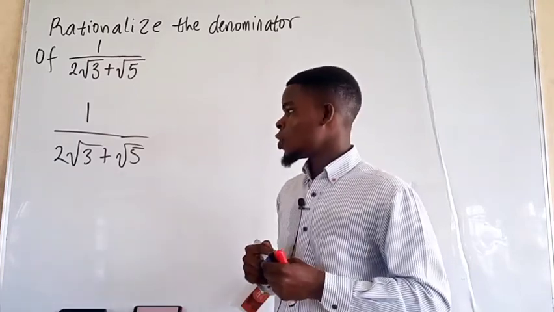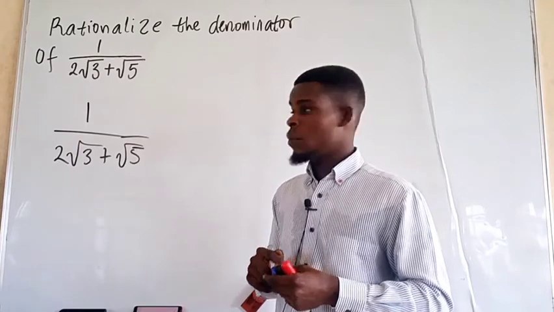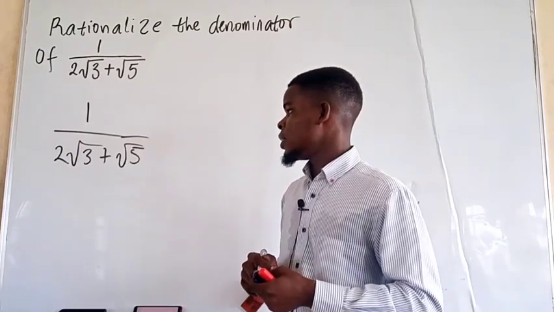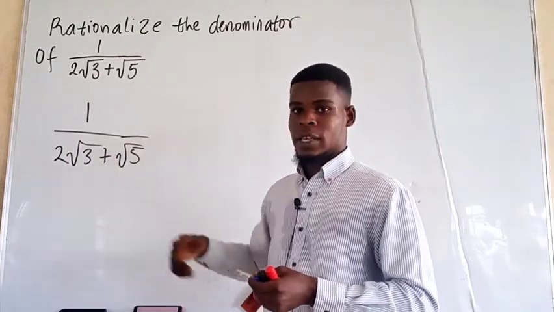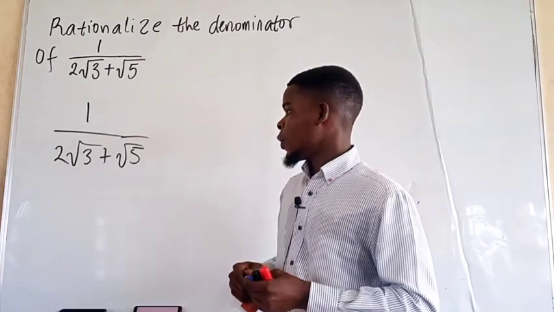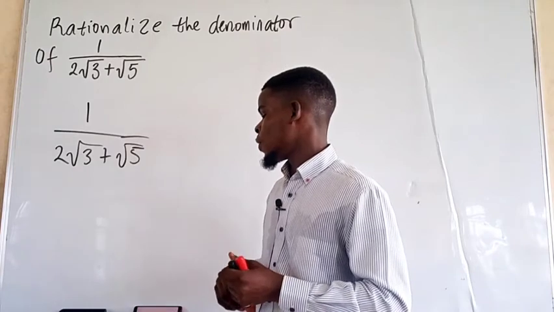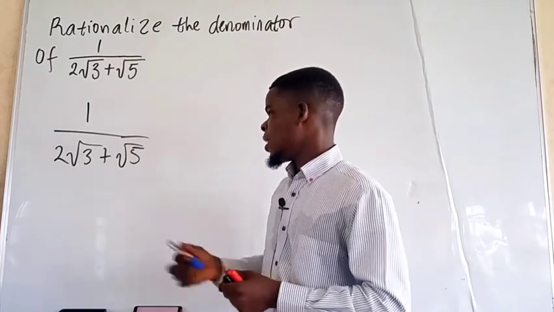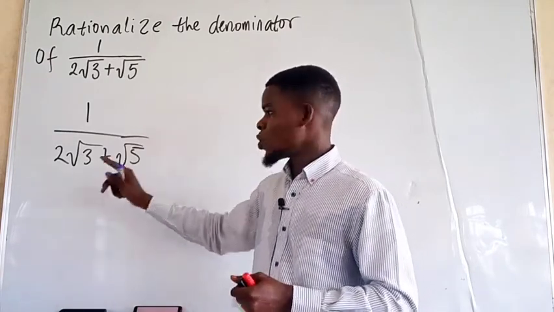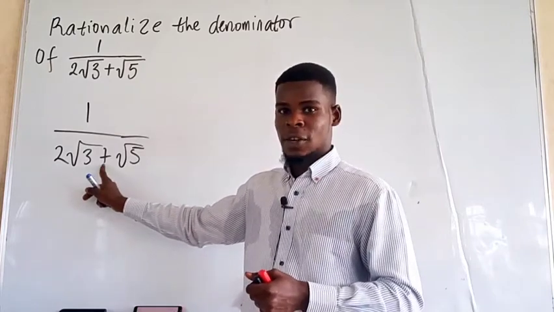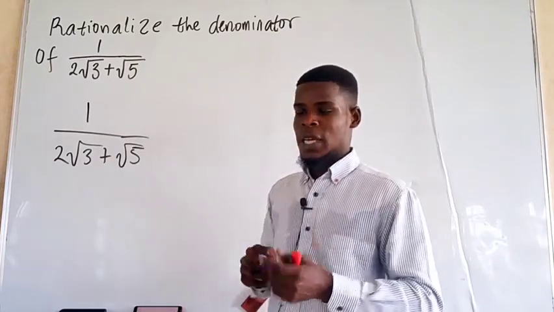Now, when we talk about the conjugate, the only thing that we care about here is the addition sign. We know that this is square root of 3 and this is square root of 5. So maybe not actually a conjugate, but I'm just going to change this sign from addition to subtraction.